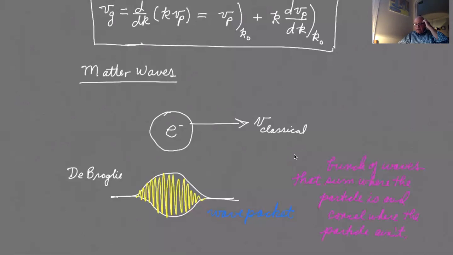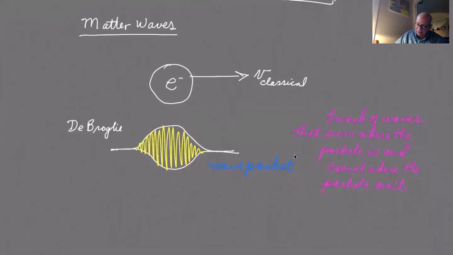So one can imagine that we're going to add a bunch of waves that are going to constructively interfere where the particle is, so that the spread of this particle, this delta x, kind of matches where the particle is.